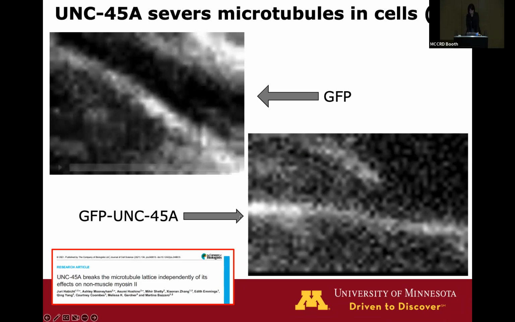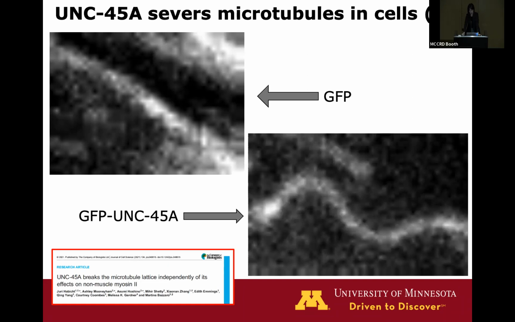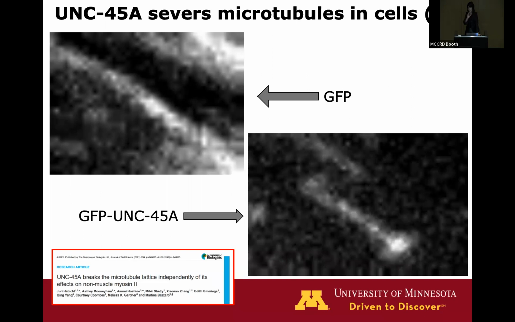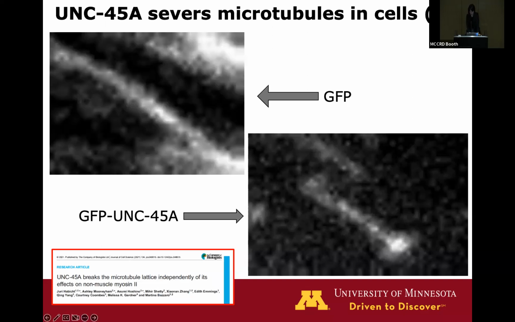But then when we look at microtubules in the GFP-ANC45 overexpressing cells, you will see that it bends and it eventually breaks. So the same pattern that we see in vitro, we can reproduce, that's something we can see in cells.